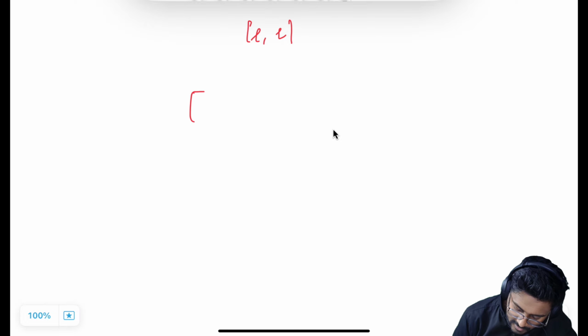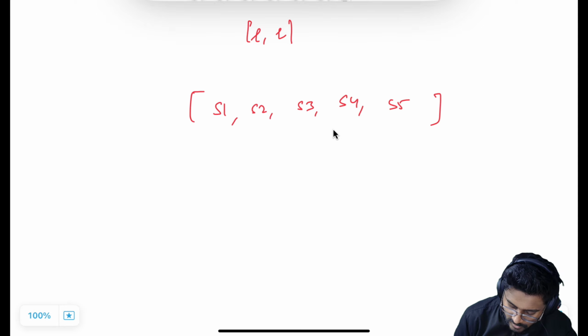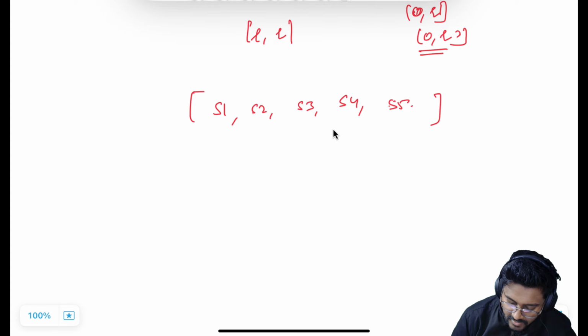See, a query is something in the form of left to right. And this is my string: string 1, string 2, string 3, string 4, string 5. And the query will go from left to right. Let's ignore the left and process from 0 to right. If my queries are in this form, 0 to R1, 0 to R2, something like this, the first index is 0.